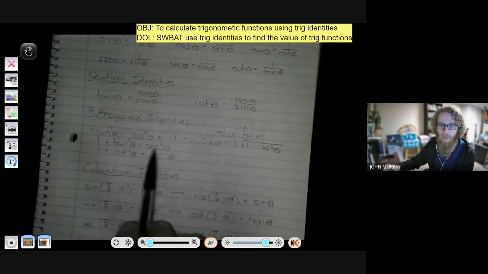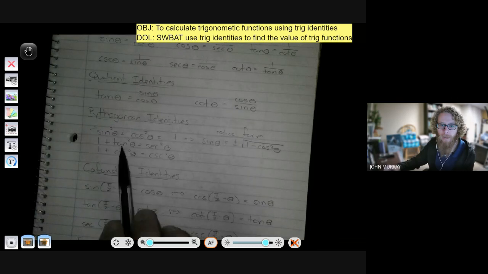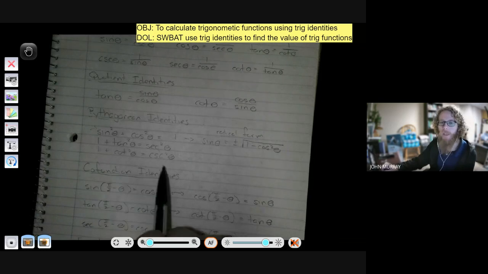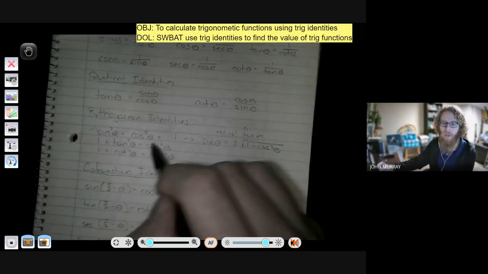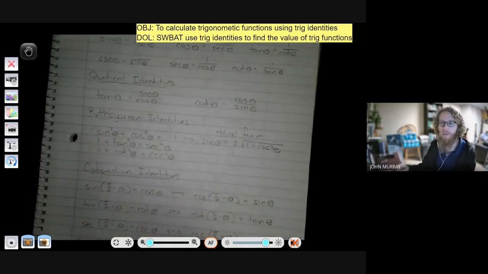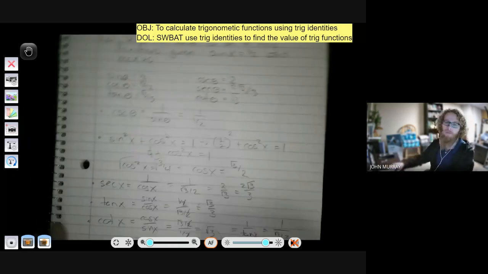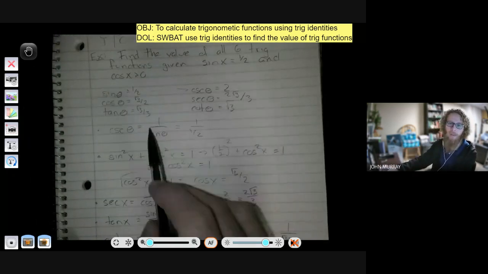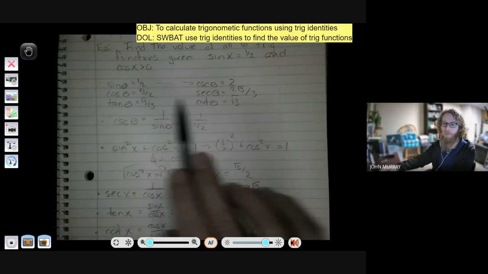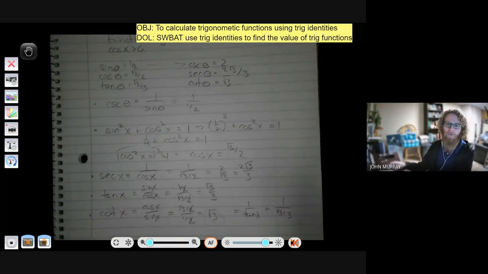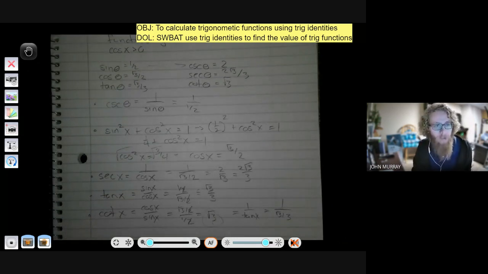I can find the tangent using secant, or I could have found cotangent using cosecant, or vice versa. I could find the secant using tangent. So once you go from here to here, usually there's a multitude of ways to get the other 4. All right, any questions about that?